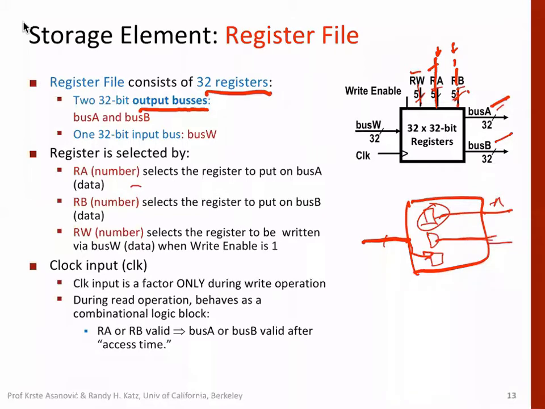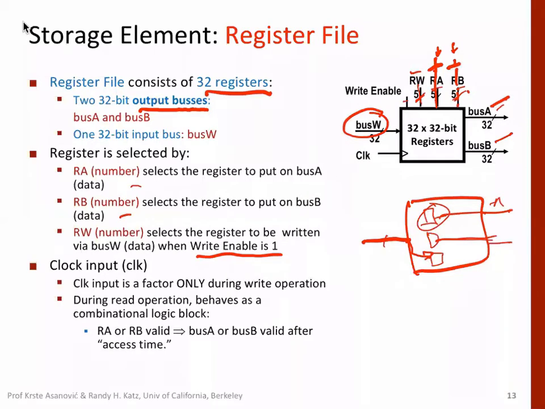Similarly, we can write in a register whose address is given by RW, and the data should be available on bus W. When we are writing, write enable has to be 1. When write enable is 0, we can read the contents of the two registers whose addresses are given by RA and RB.